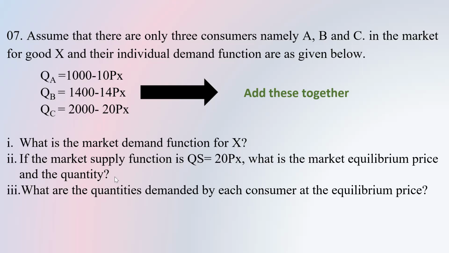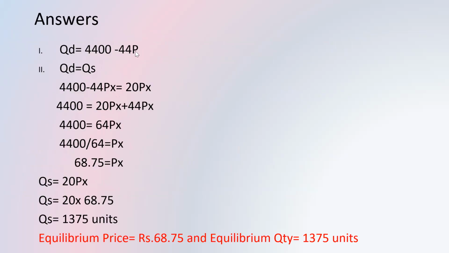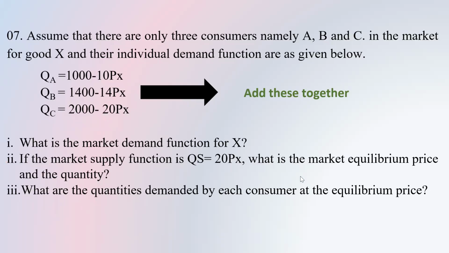හරි? එතකොට මේ තුන එකට add කරපුවාම that you can see 1000 1400 2000 එකතු කරපුවාම 4400. 20යි 10යි 30යි 10යි 44යි. එතකොට 4400 minus 44යි p. මේක තමයි අපේ demand equation එක වෙන්නේ.